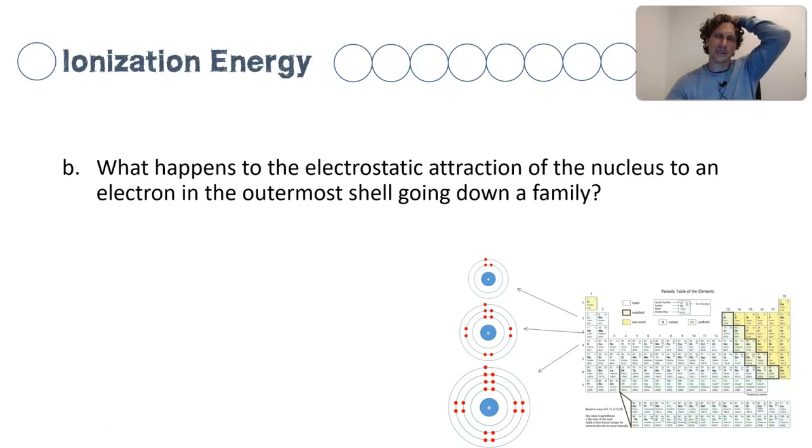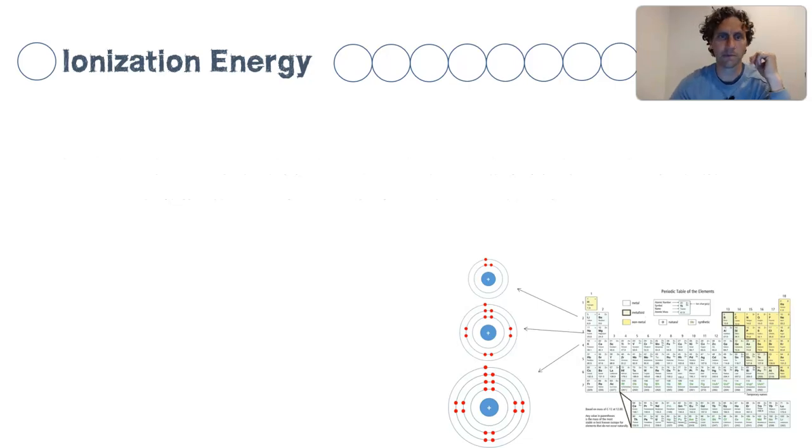Now, there are competing things going on here. We know that the nucleus is becoming more positive, so that would mean stronger attraction, but there's another thing that's having a bigger role, and that is that these electrons are just further away from the nucleus.